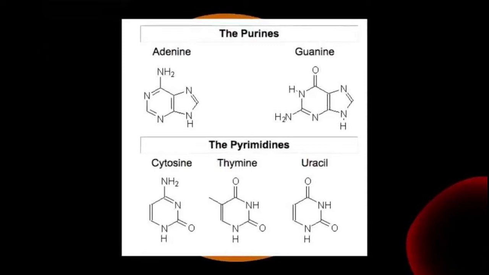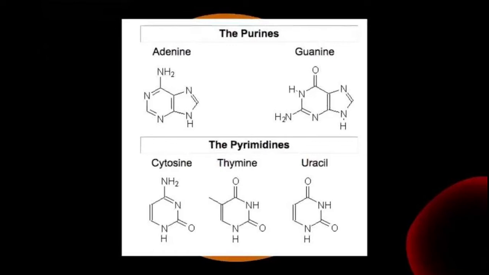So the difference between a purine and a pyrimidine is the number of rings. So the purines, you can see the top 2 bases here, which are adenine and guanine. You can see the adenine and guanine have 2 carbon rings, so they're bigger. And the pyrimidines only have 1 carbon ring, and these are cytosine, thymine, and uracil.